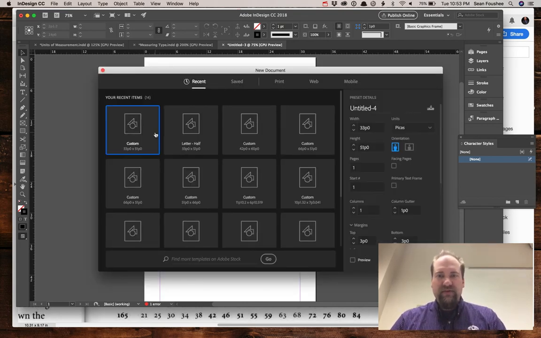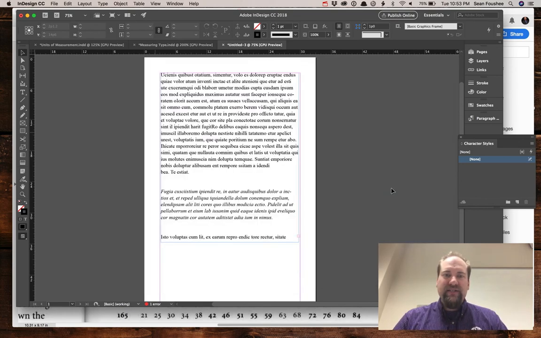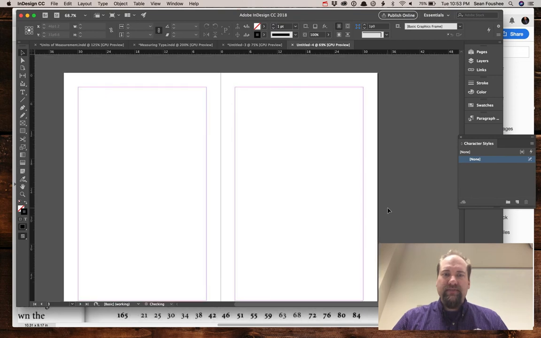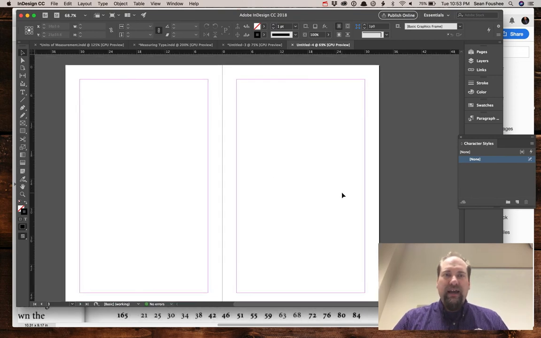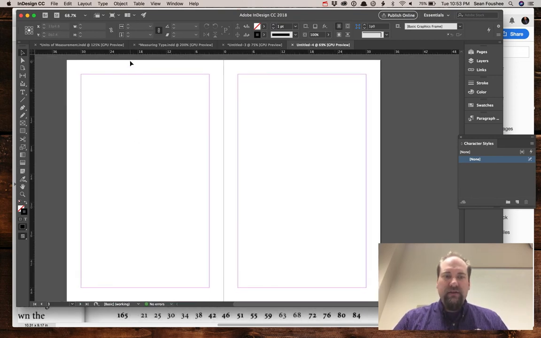So I'm going to create a book here, let's say 4 pages for the book, and come down here to a spread of 2 pages. Now I've got a head, a foot, a foredge on this side, and a foredge on this side, but the margins in the middle where they come to meet at the spine are called the spine edge. The head, the foot, the foredge, and the spine edge. Those are the 4 margins.